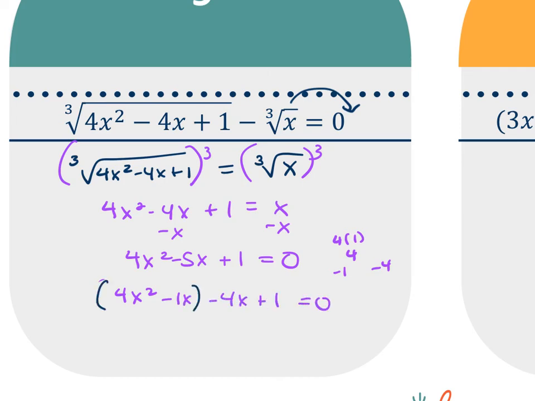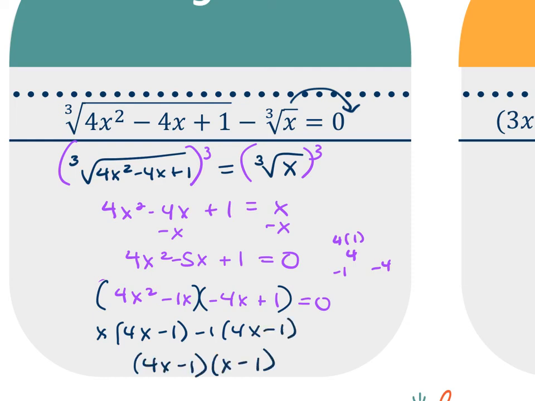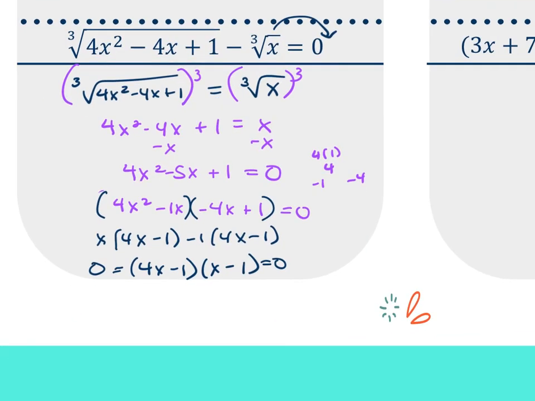And then group them. Set them each equal to 0. 4x would equal 1, x would equal 1/4, and x would equal 1.